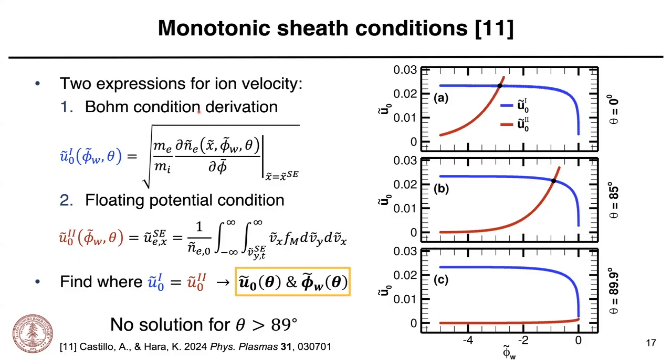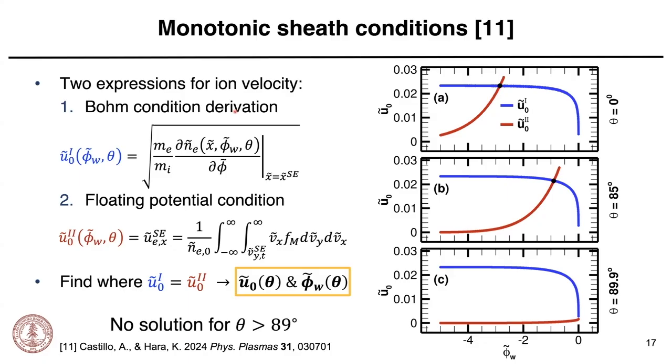The first expression comes from the usual derivation of the Bohm condition, which involves using Poisson's equation and assuming quasi-neutrality, and taking a Taylor expansion and then applying that assumption that we have a monotonic sheath and that the ion density gradient does not fall as much as the electron density gradient.